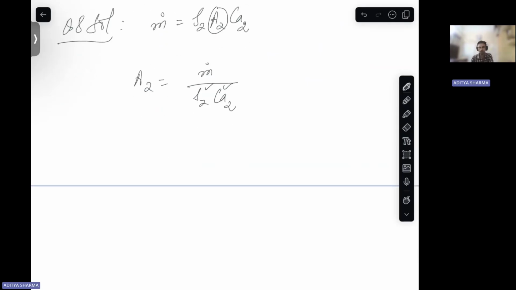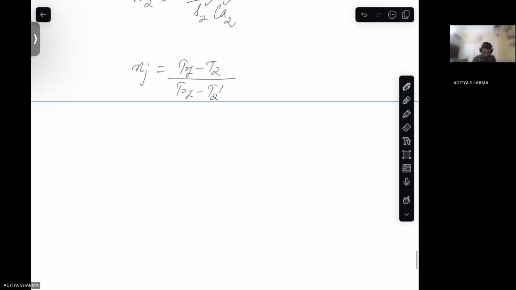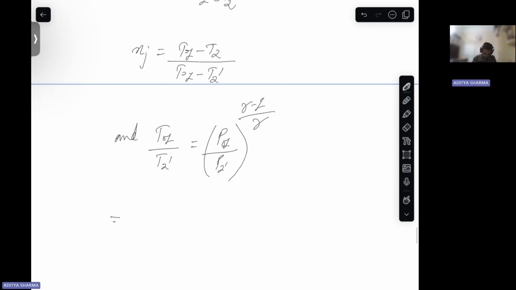So we'll start here with the nozzle efficiency, which is given as this. And then the isentropic relation is given as this. From here, T2 dash we can calculate.